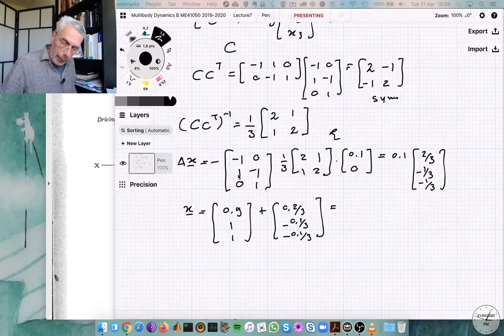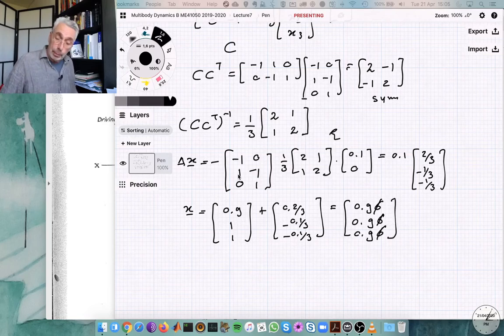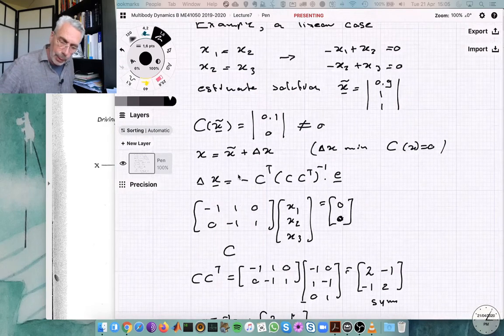Or in other words, that will become, oh yeah, this is 0.9 with a lot of 6's, and this is 1/3, so this is minus 0.9 with a lot of 6's. So the answer looks right, because x1 equals x2 and x2 equals x3. That was the beginning of our problem. I said, this is my problem, these are my constraints.